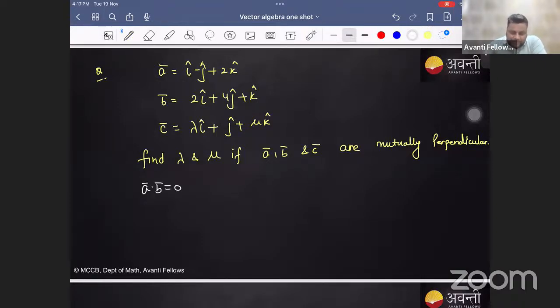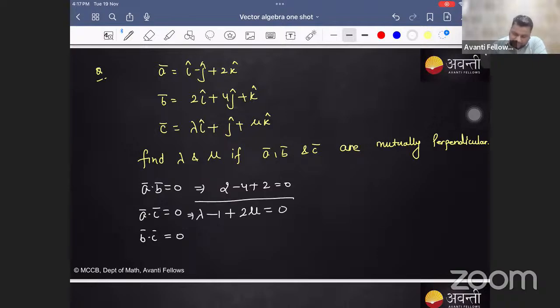It's quite visible: 2 minus 4 plus 2, 0. A dot C should be 0. B dot C should also be 0. So A dot B, if you check, 2 minus 4 plus 2 is going to be 0. A dot C is lambda minus 1 plus 2 mu is 0. One relation.